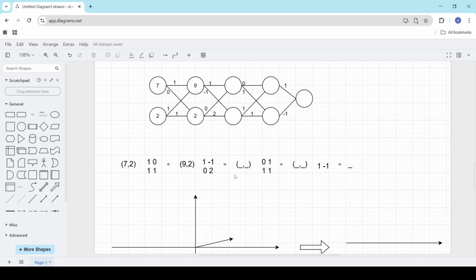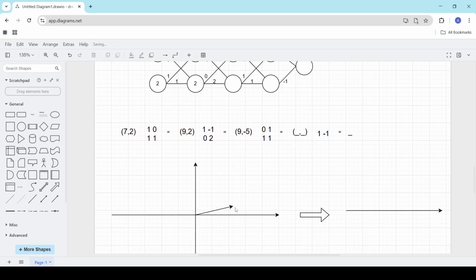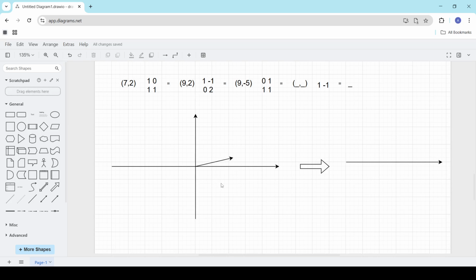So just for the sake of the example, we have 9 here, and then we're going to have minus 9 plus 4 minus 5. I'll move this around. This is what a neural network does in its internal state. So this is the internals of neural networks.